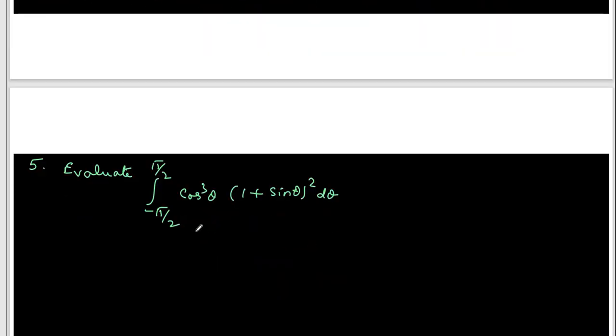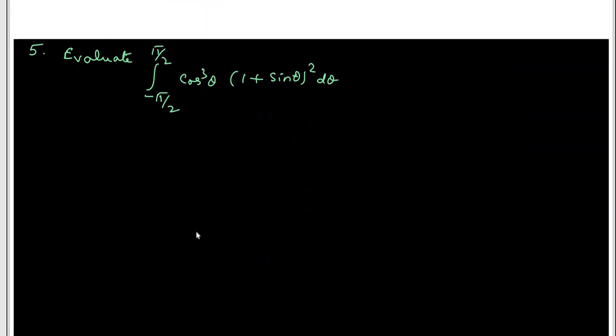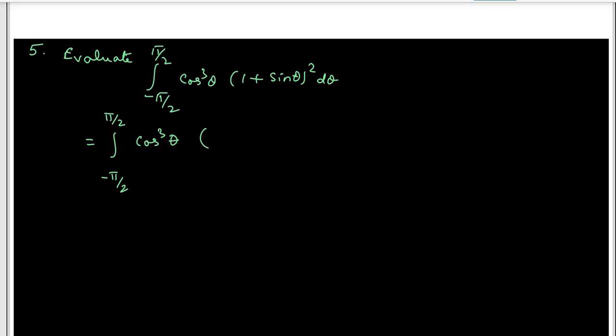And the next one. Here we are asked to evaluate integral minus pi by 2 to pi by 2. So you'll have to read the question carefully. The limits are between what and what, and then what you have in the integrand. This is my integrand. So we will consider this integral minus pi by 2 to pi by 2. We will expand this out. Cos cube theta 1 plus sine square theta plus 2 sine theta d theta.